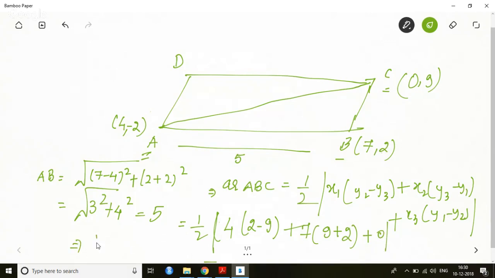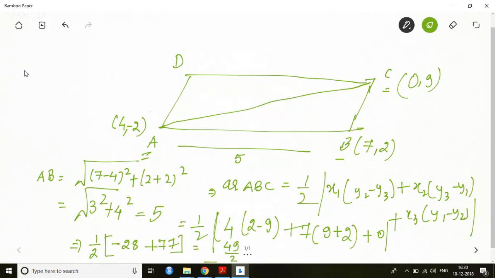So how much does it come to? It comes out to be 1 by 2 into 4 into minus 7, which is minus 28, plus 11 into 7, which is 77. That would be 49 divided by 2.